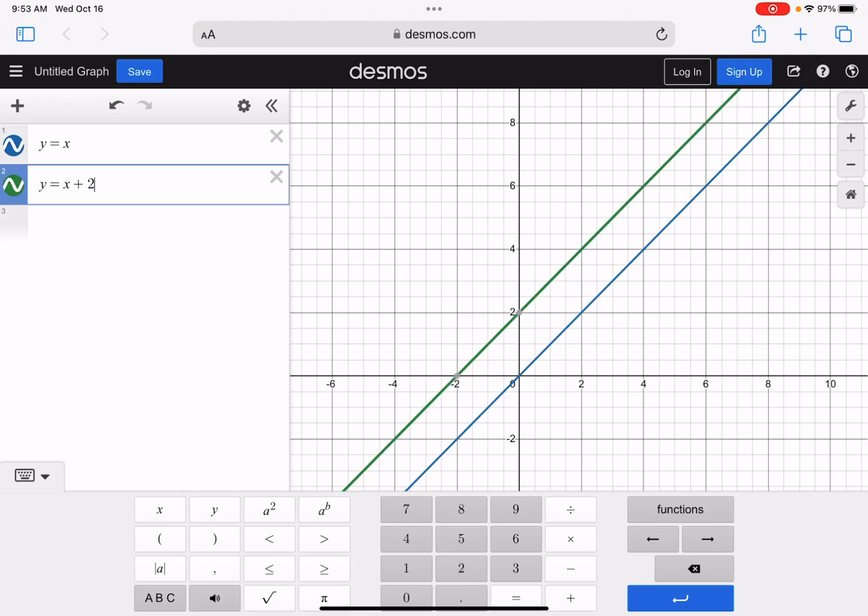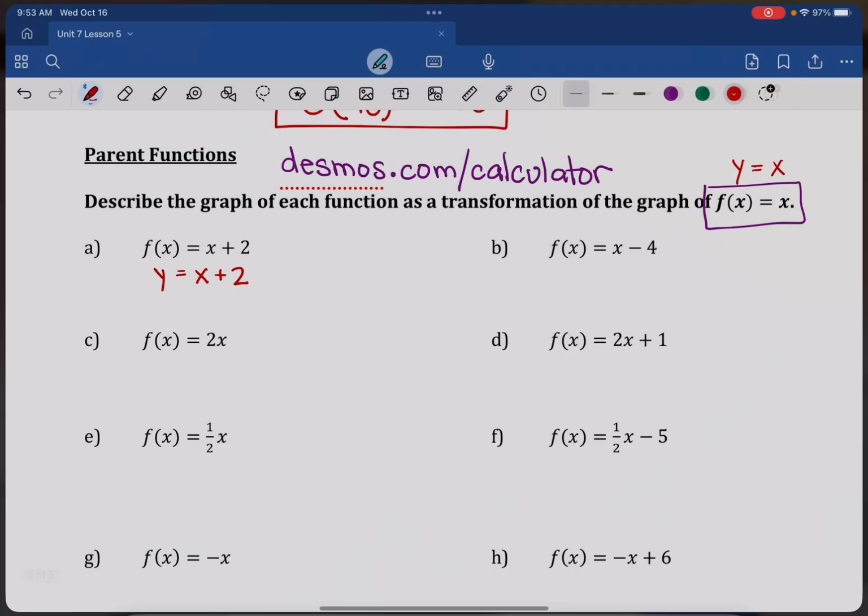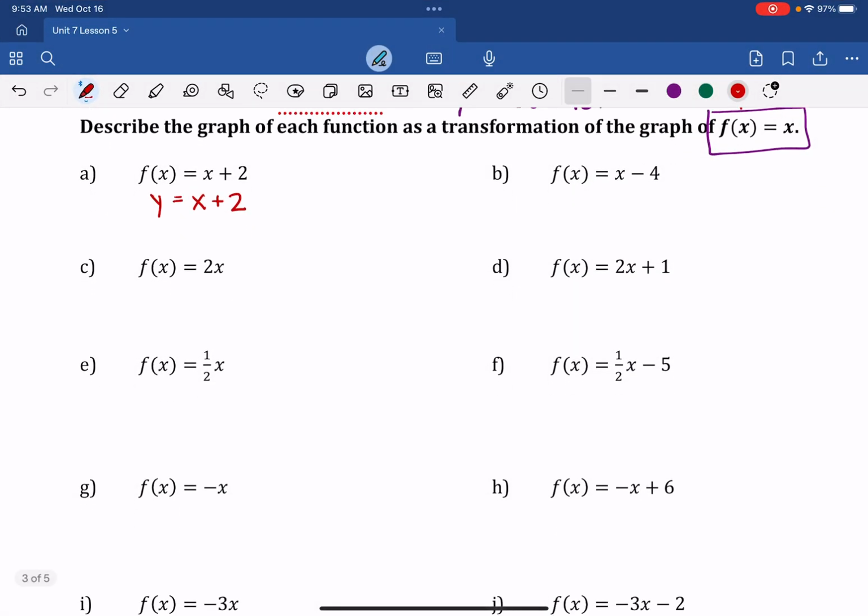Okay, so I'm comparing those with each other. If you look at the original one, the blue one, you can see that the green one has been shifted up 2 units. So on my notes, I'm going to write that function A has been shifted up 2 units.